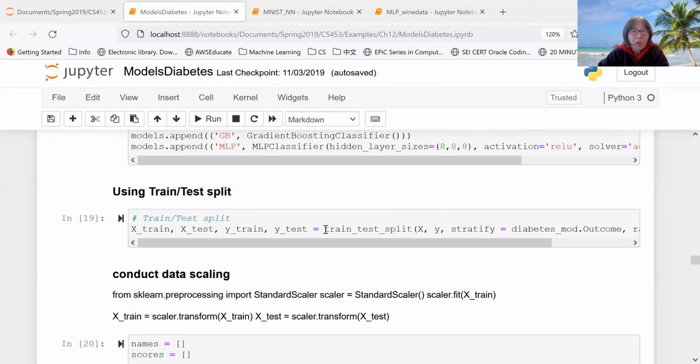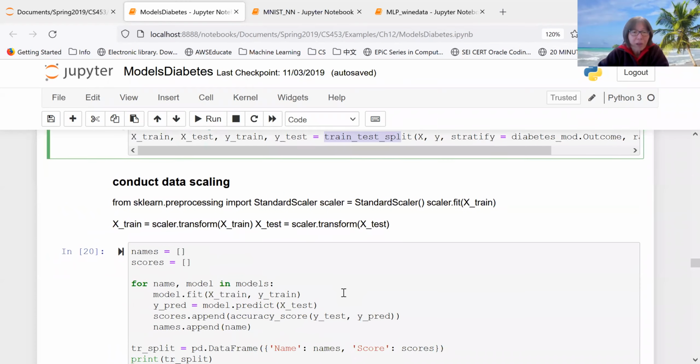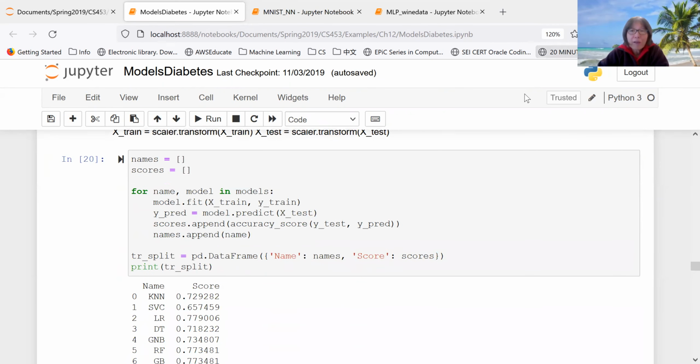Then we do the data splitting, so nothing new here. For the next part, with that list of models we get the name and the model, and we fit each model. Then we predict the testing data and collect their accuracy scores.